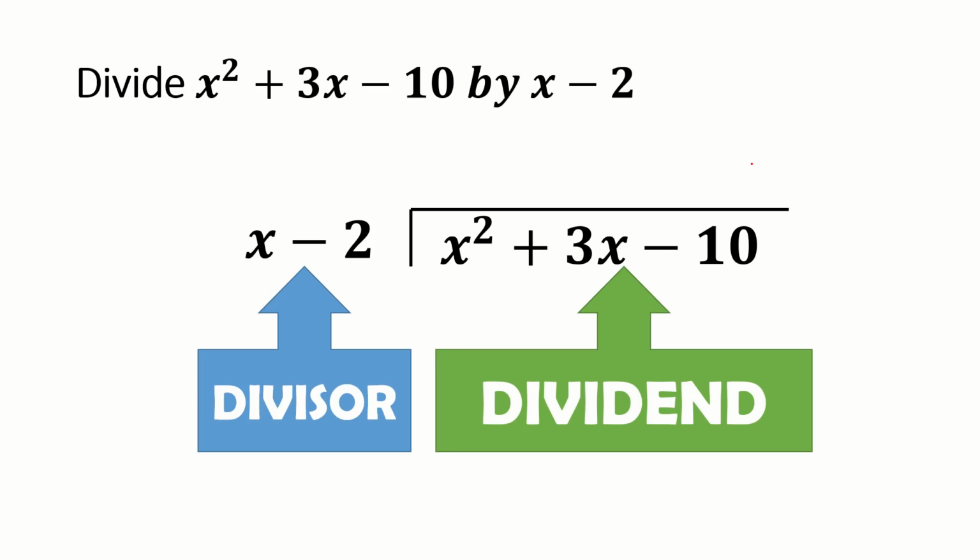Now, the first one that you need to do, grade 10, is to check the terms. Dapat daw yung terms ng dividend ay naka-arrange in descending order according sa power ng variables. Now, in this case, check muna natin si dividend, si x squared plus 3x minus 10 kung tama na ba yung arrangement niya or kung meron bang nawawala na terms. Now, the highest exponent ay 2, so that is for x squared.